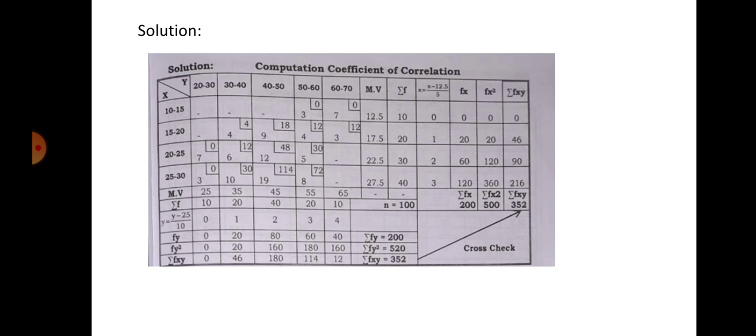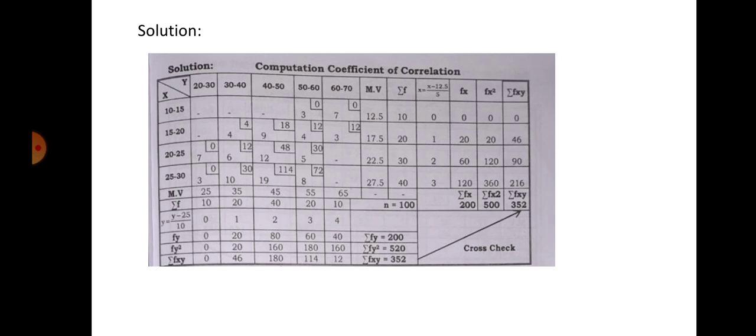352. Now column wise, 0 plus 0, which is 0. 12 plus 4, 16 plus 30, 46. 18 plus 48, which is 66. Plus 114 is 180. Now 12 plus 30, 42 plus 72, which is 114.